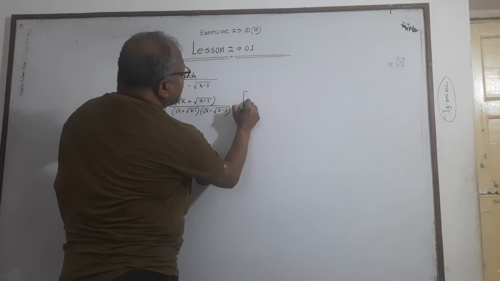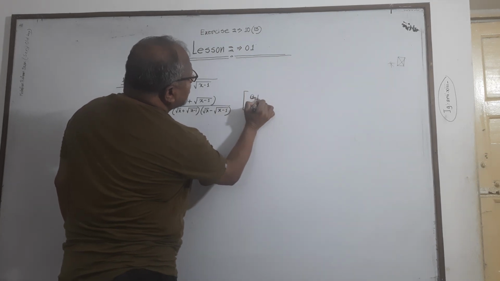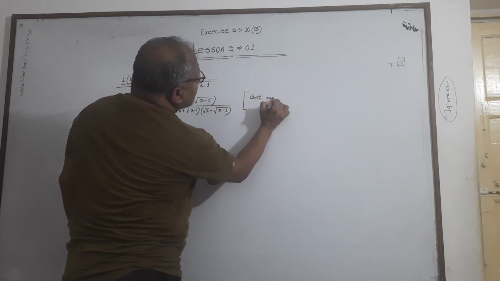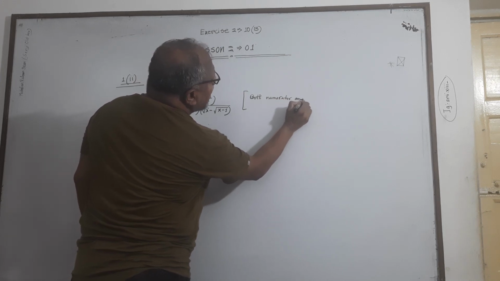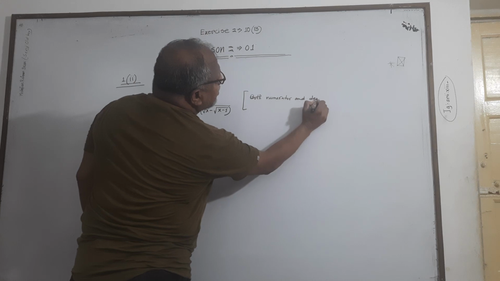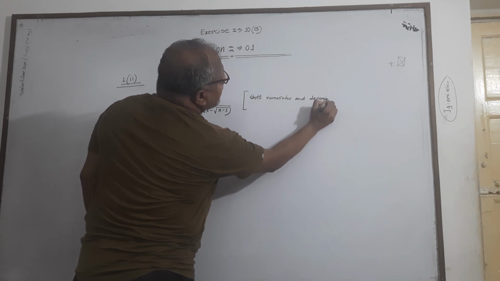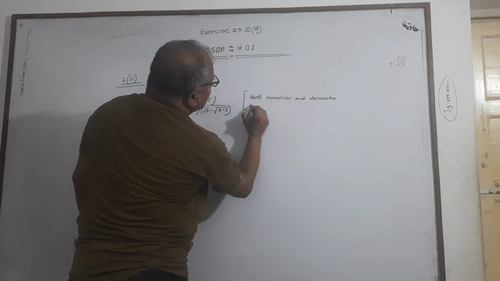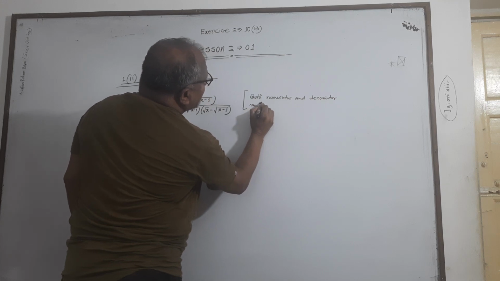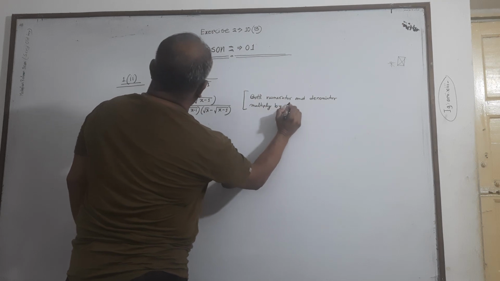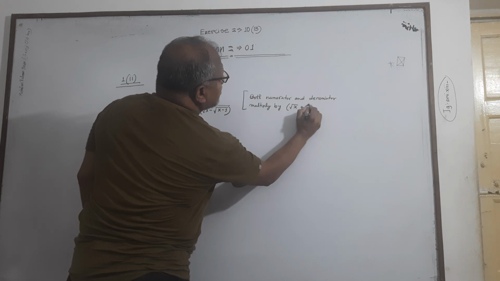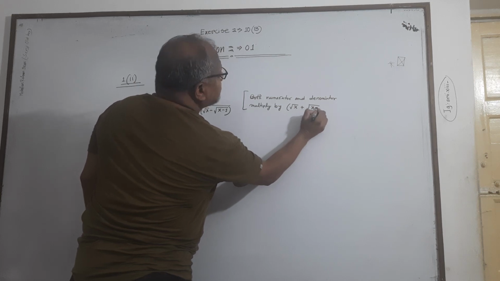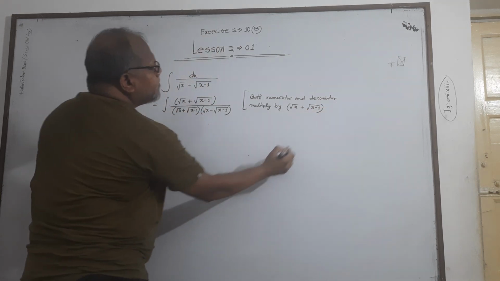Here I can write, both numerator and denominator multiply by root over x plus root over x minus 1.